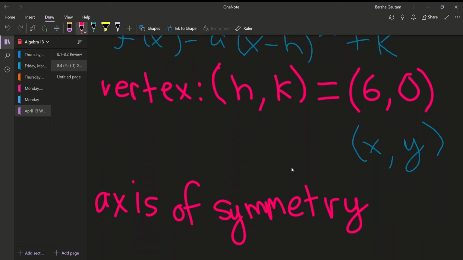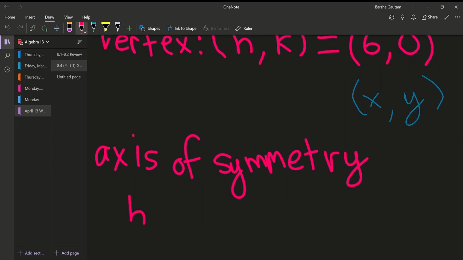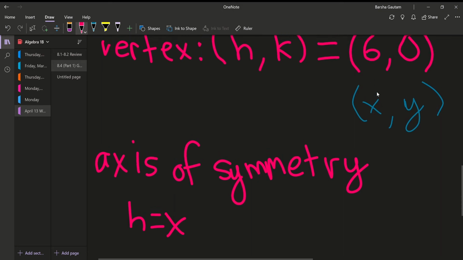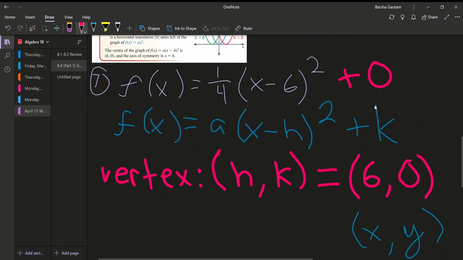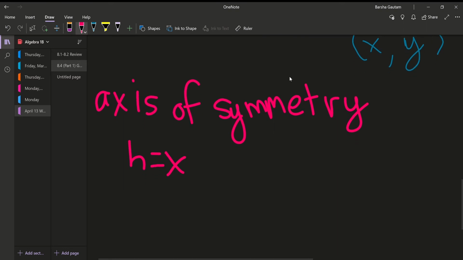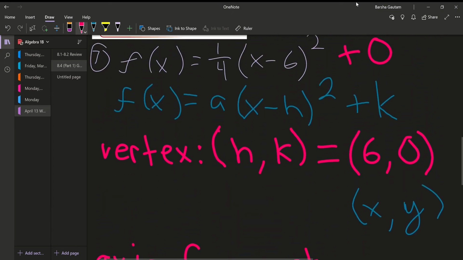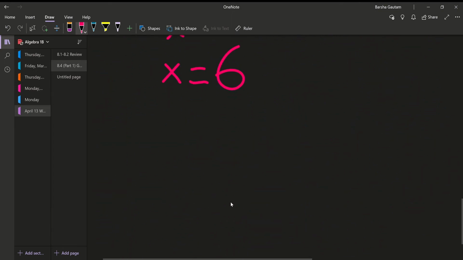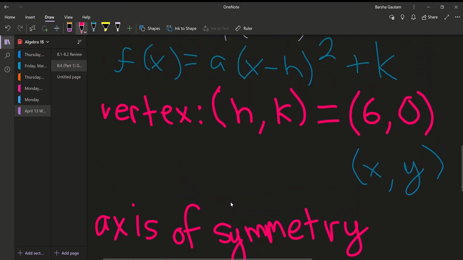Our axis of symmetry is going to be x equal to h, and this h, whatever it is equal to, in this case 6, is our axis. So x is equal to 6. So the axis of symmetry is x equals 6, and the vertex is (6, 0).